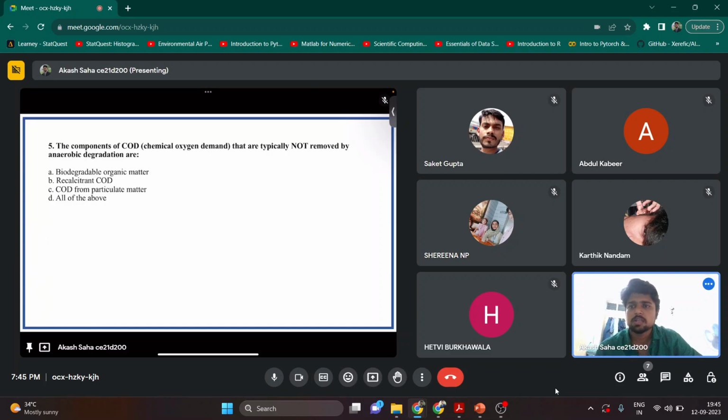So next question: the components of COD that are not typically removed by anaerobic degradation. In anaerobic degradation, we know the various contents of COD, soluble and particulate, are being removed.